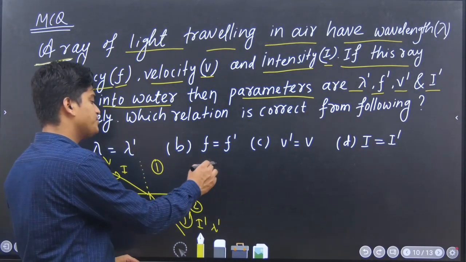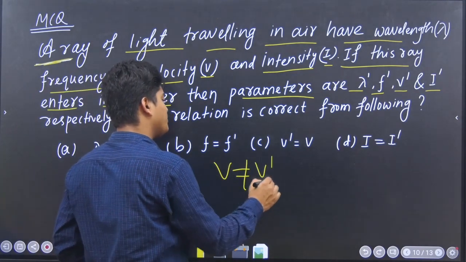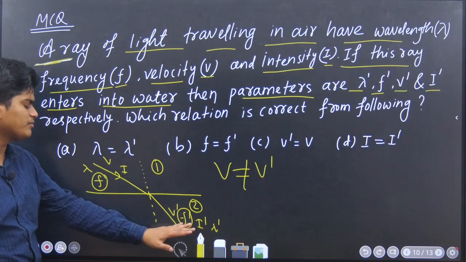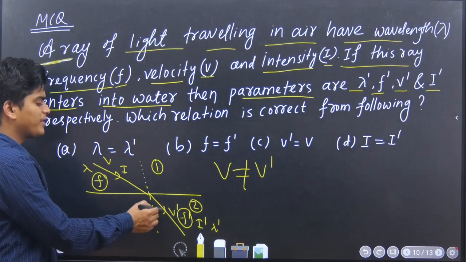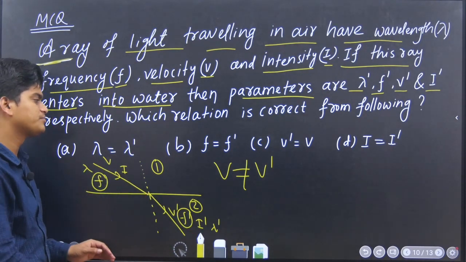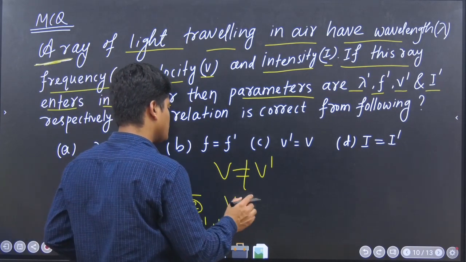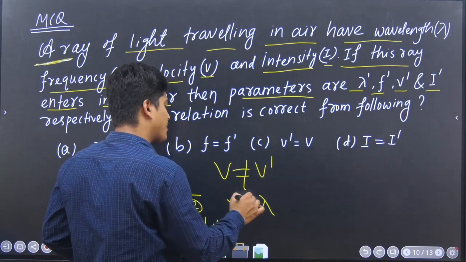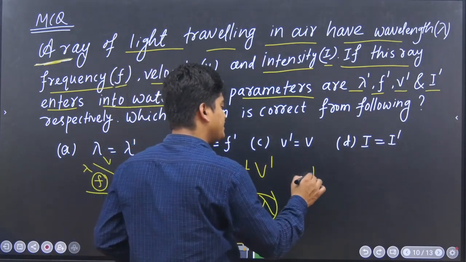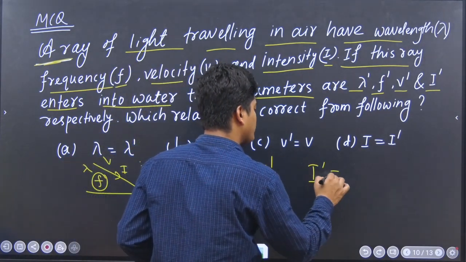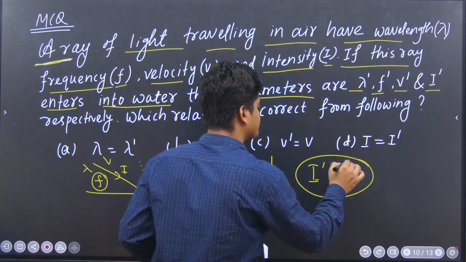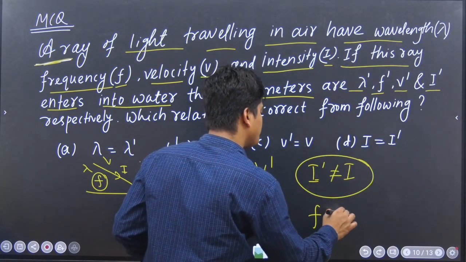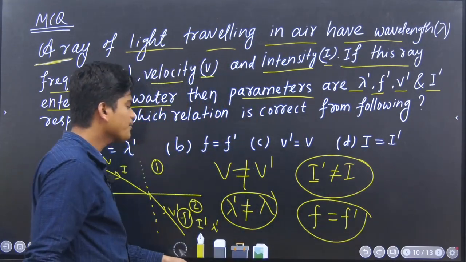That means V should not be equal to V prime, it will be less if it is a denser medium. This velocity will be less, V prime will not be equal to V. Similarly, lambda prime will not be equal to lambda, and intensity also will not be equal to I. Only frequency will be equal to frequency prime.